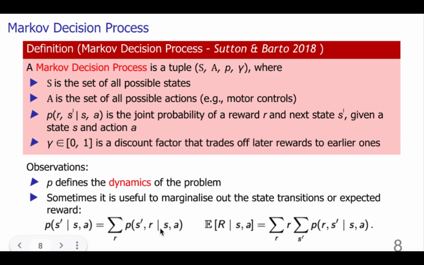Okay. So when you marginalize out the state transitions or expected rewards, you can come up with such kind of equations. The dynamics, like the prediction of S prime given S and A, is equal to the sum of the joint distribution of the next state and reward given the current state and action, for all available rewards.